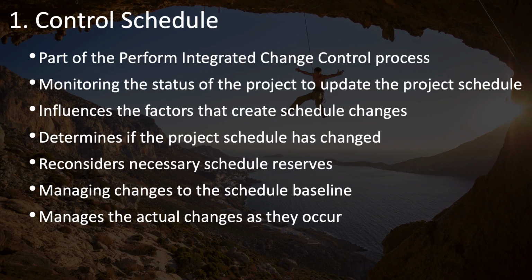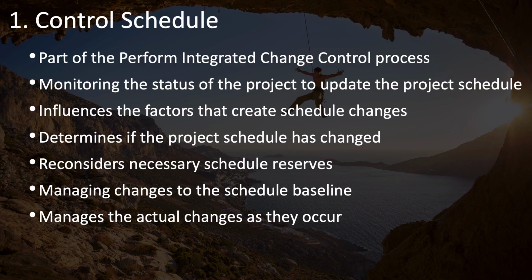The project manager, as part of this process, should proactively identify and attempt to influence those factors that affect the project schedule, including those that create schedule changes. This is similar to the project manager's responsibility to proactively manage the factors that can affect the requirements and scope of the project.